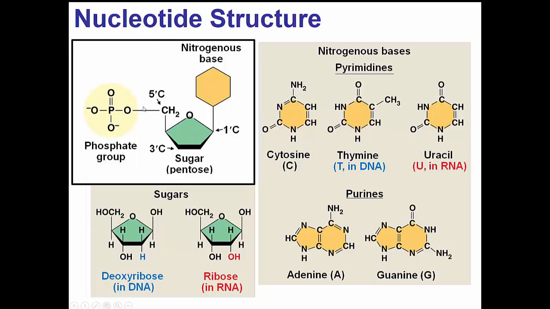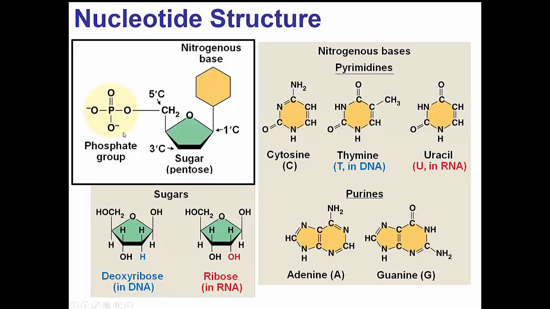The 5' carbon is attached to the last piece of our nucleotide, this functional group, which you should recognize as a phosphate group. And remember, at physiological pH, this phosphate group has a negative charge, meaning that nucleotides are very negatively charged.